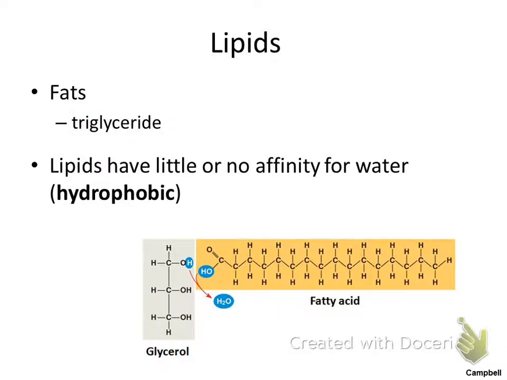We already know lipids are hydrophobic, so we're going to have to treat them differently. What happens if you have a salad dressing that has oil and vinegar, and you shake those 2 things together? What happens? They separate, that's true, but when they separate, do they just form those 2 automatic layers when you shake them together?